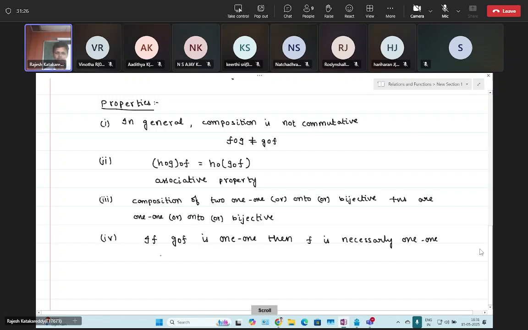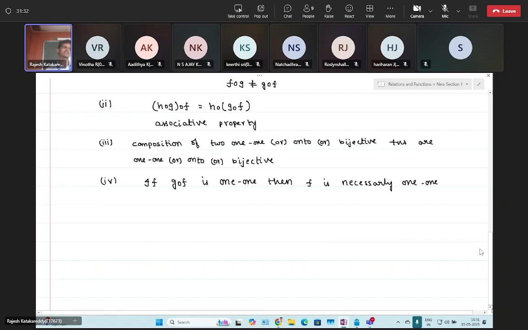So I am taking one 1-1 function and one many-one function. I will do the composition and I will get 1-1. So now this is a function f, and then function g also will be defined in such a way that the composition we get is 1-1.